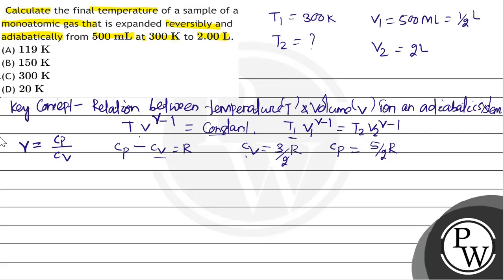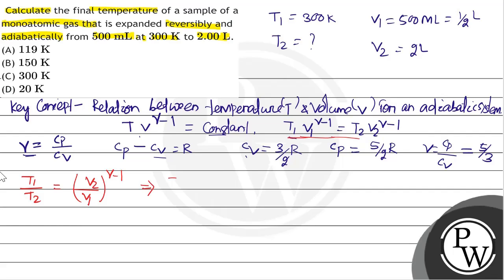By using this formula we can get gamma is equal to Cp by Cv is equal to 5 by 3. Now we will modify this equation: T1 by T2 is equal to V2 by V1 whole to the power gamma minus 1.